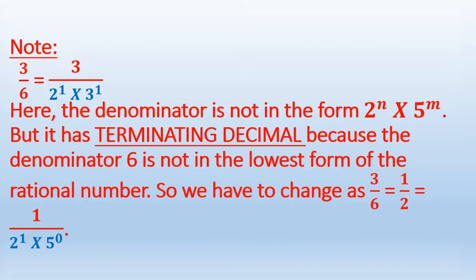It means that it contradicts the condition we have got for a terminating decimal. Why is it so? It is so because we checked before changing 3 by 6 to the lowest form. That's why we have got a contradictory answer. So dear students, change the given number to the lowest form first and then check whether it is a terminating decimal or not.